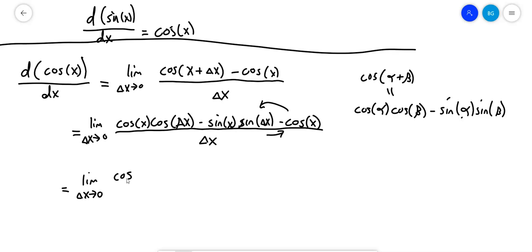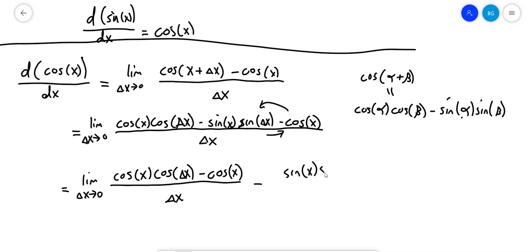And so I'll have cosine x cosine delta x minus cosine x, put that over delta x. And then in my second term, I'm going to have sine x sine delta x over delta x. Awesome.